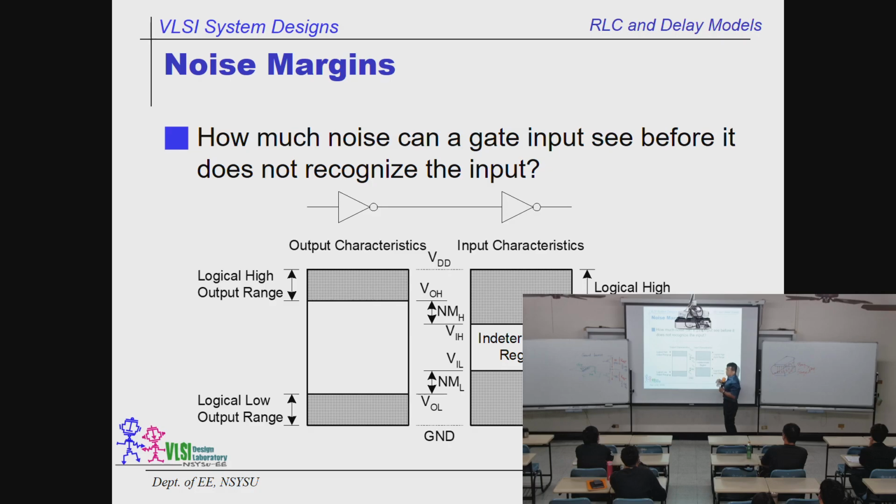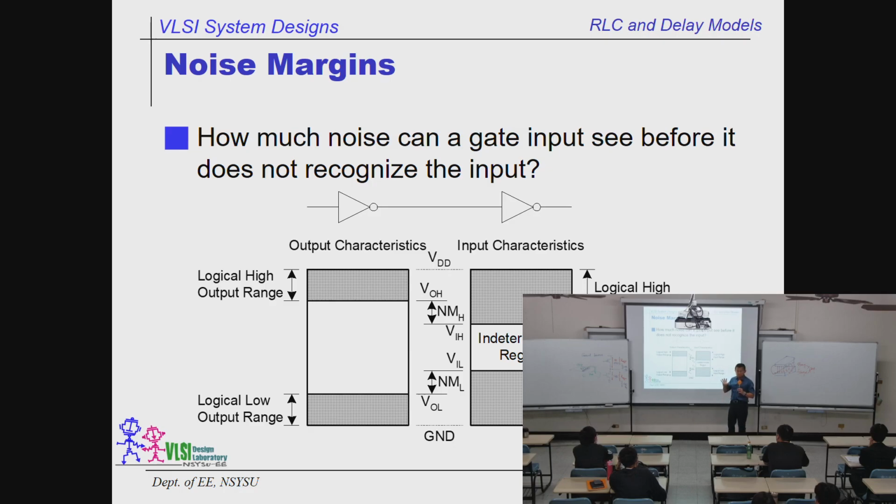And the second guy must have a very generous way to accept the signal. He says, okay, I'll give you some margin to do the job. So if you can give me a signal higher than this one, I will assume this is logic 1. Lower than this one, this is logic low. This is called input high and input low.